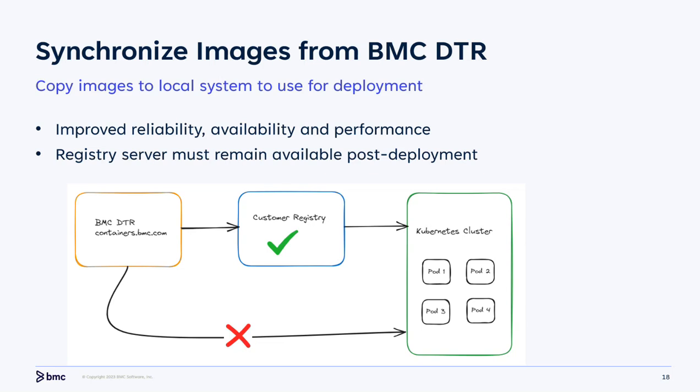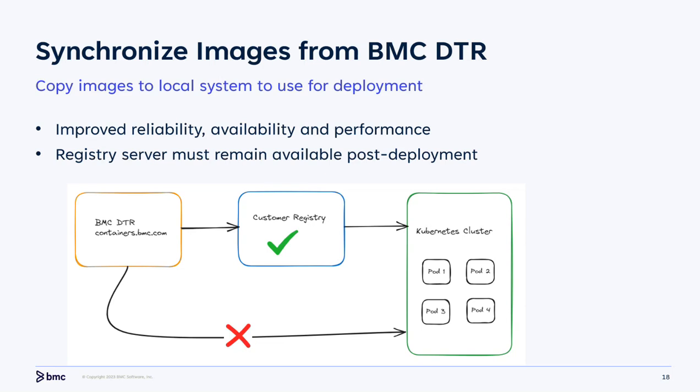The other thing to remember, and has caught a couple of customers out, is that the images need to remain available even after deployment. The reason for this is, imagine an application, one of the containers is running on a particular node.